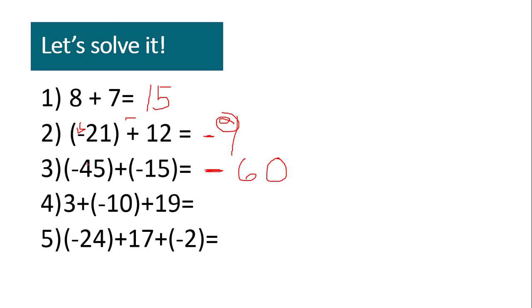Next, number 4, we have 3 plus negative 10 plus 19. Ang gawin natin dito is, pagsamahin muna natin yung mga same sign. We have 3, 19 plus 3 is 22. Since nakuha natin 22, i-add na natin yung negative 10.